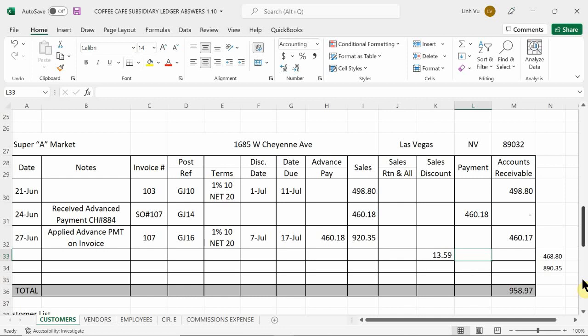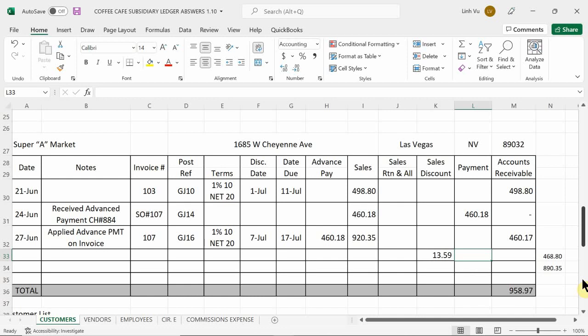What do you mean the difference is 0.01? How do you split half of 920.35? You're going to have to pick and choose where the penny's going to go.